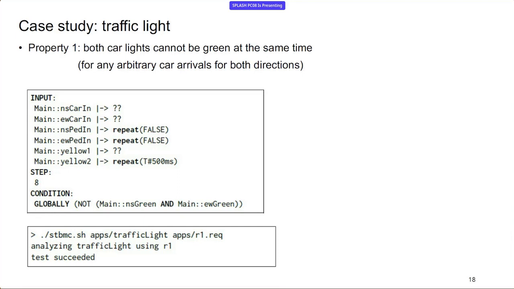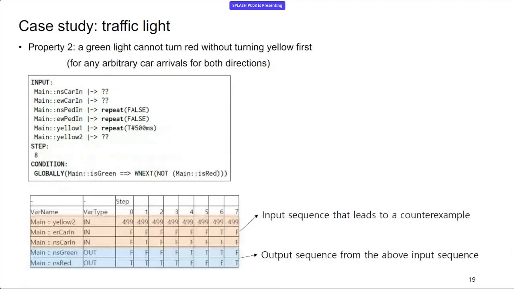The step bound is given as 8, since a round of colors was 7 cycles, so a bound of 8 is pretty reasonable. And the condition is given as this: globally not NS green and EW green. And this is the success message.